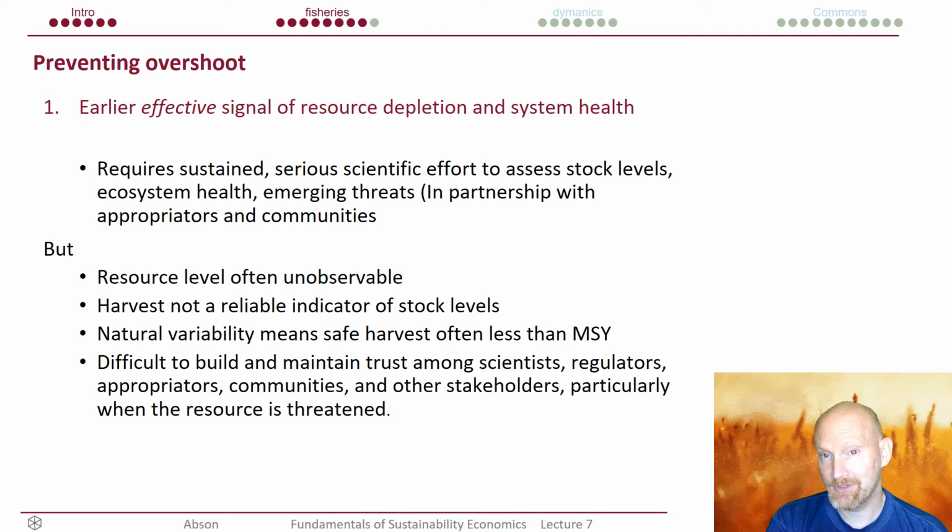How do you count how many fish there are in the Pacific? Harvest is not a reliable indicator of the stock levels, we already mentioned that. There's natural variability, meaning that the safe harvest is often less than the maximum sustainable yield. So in other words, you can calculate what you think the maximum sustainable yield is, and then you tell the fishers that they have to actually catch less than that, and that also creates tension.